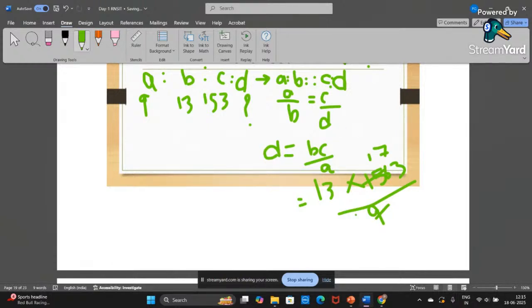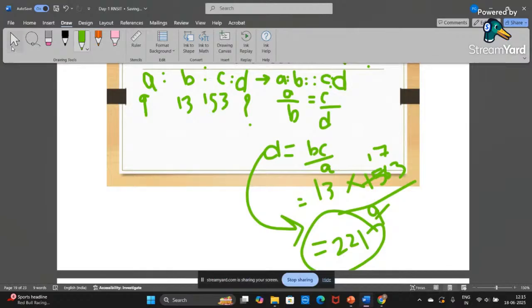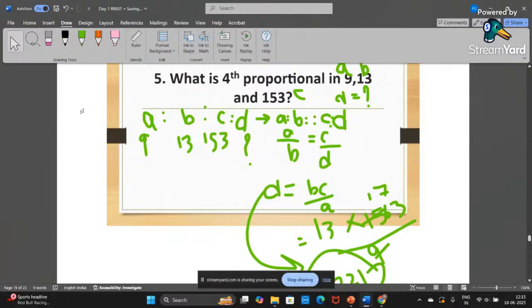So 13 into 17 will get 221. This is your D value. The fourth proportion of the given ratio is 221. 221 is your answer.